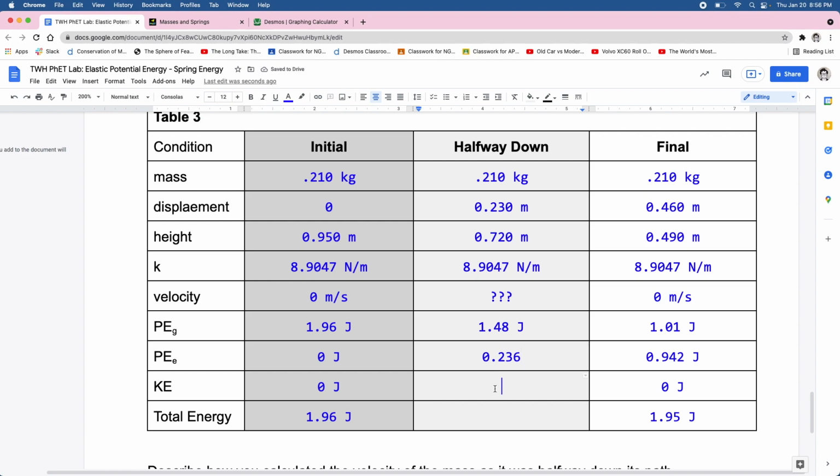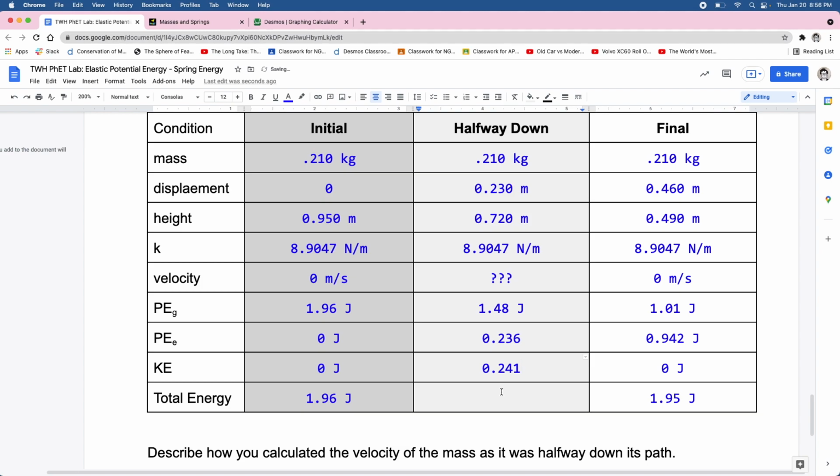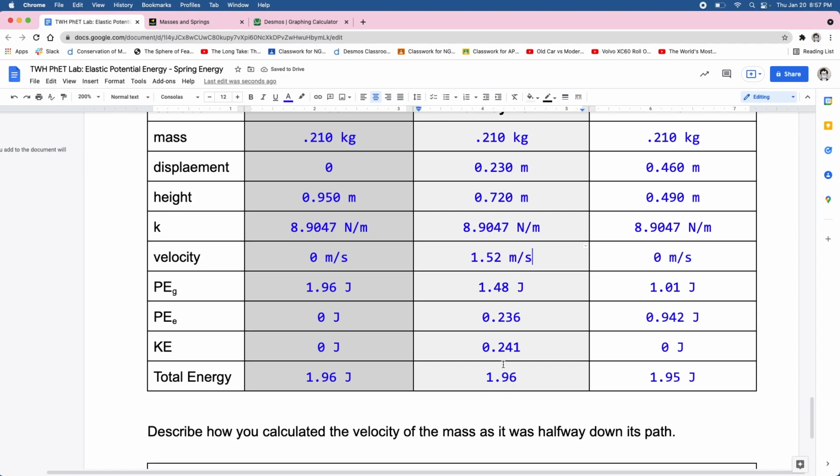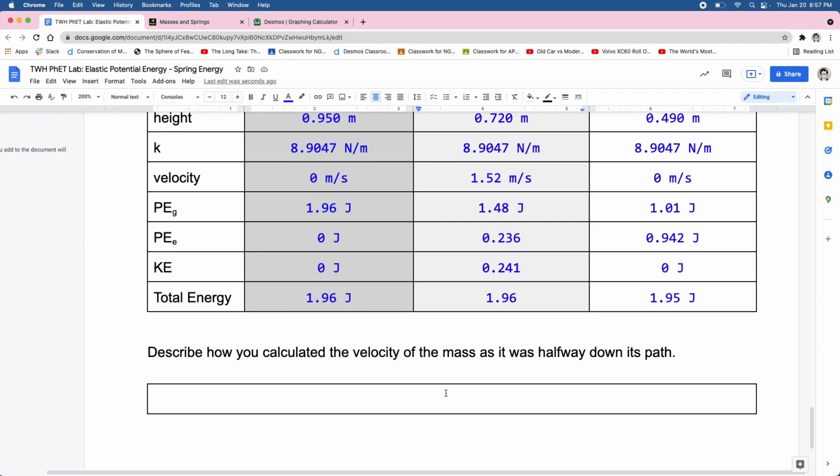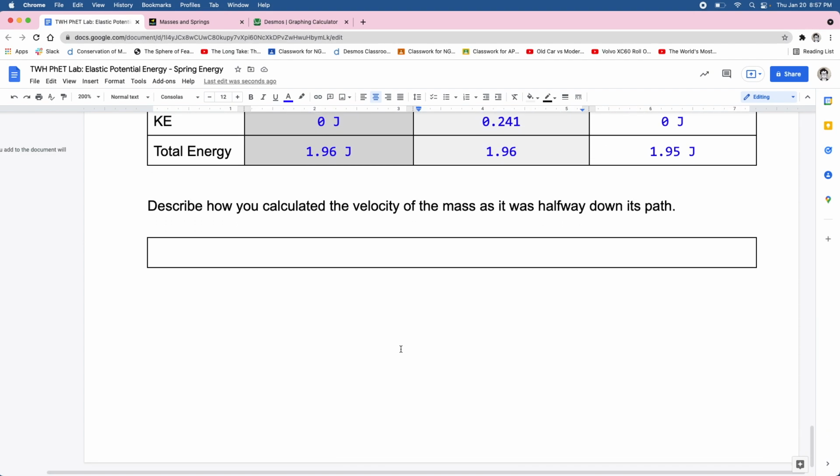My kinetic energy was found to be, rounding this, 0.241. And my total energy is 1.96, that's the number I used. And my velocity is 1.52 meters per second. So we can describe how we calculated the velocity of the mass as it was halfway down the path.